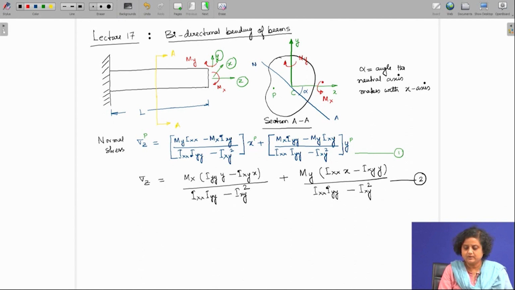What we will be doing is, from equation 1, equating sigma z equal to 0 for obtaining the neutral axis.